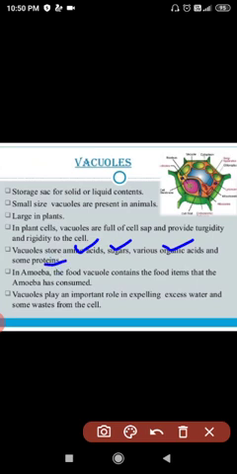In amoeba, the food vacuole contains the food items that the amoeba has consumed. Whatever food is eaten by amoeba gets stored in the vacuole, so that vacuole is known as food vacuole. And the vacuole plays an important role in expelling excess water and some waste from the cell.